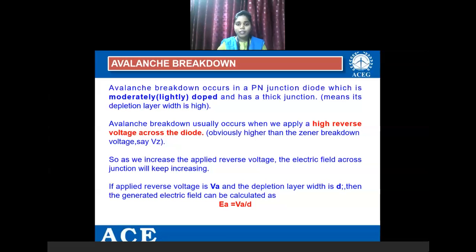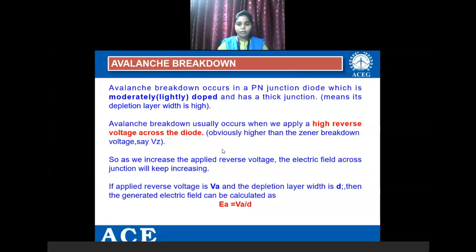Right? Whenever it occurs, our diode will not be useful further because it is going to break down. It is going to be damaged. Clear?